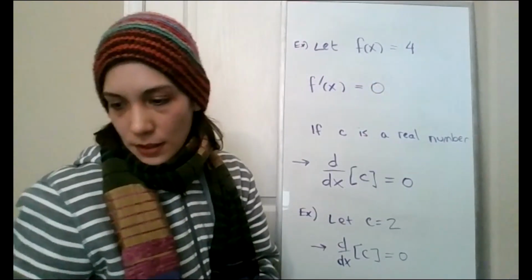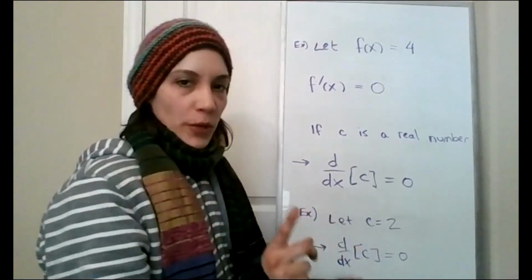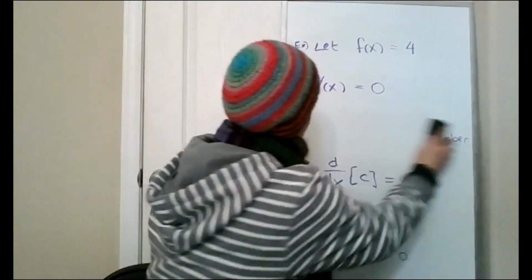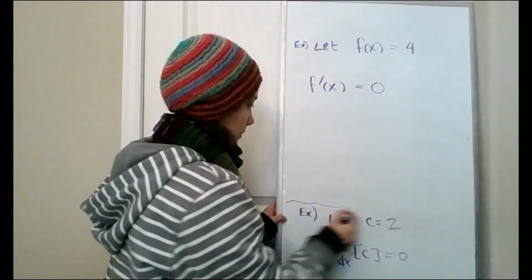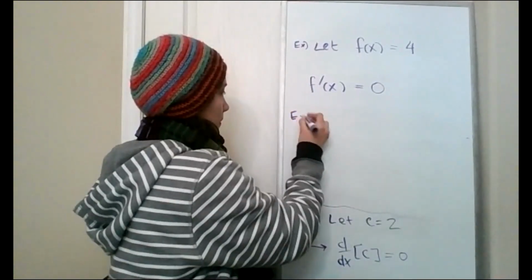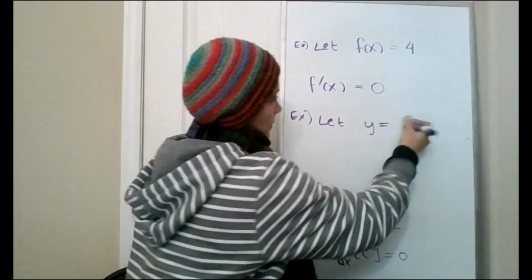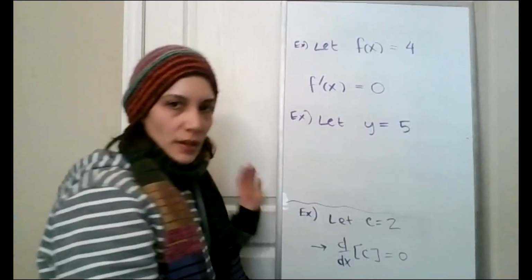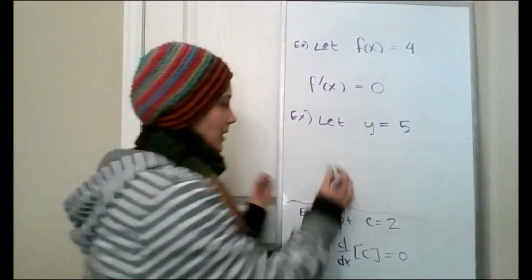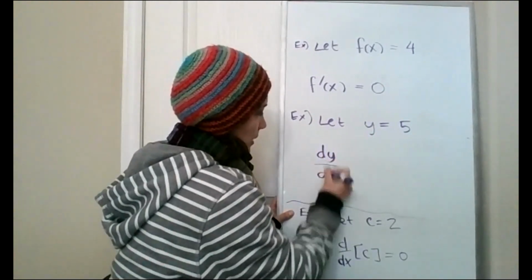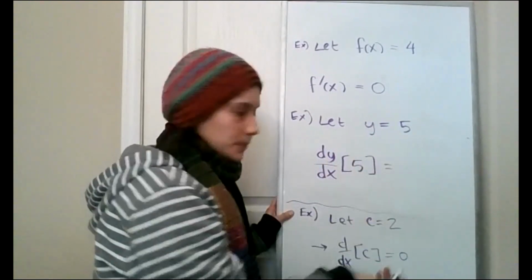Anything else? Yeah, one more. Example number 3. Let y equal 5. Doesn't matter. The derivative of y with respect to x for the number 5 is also 0.